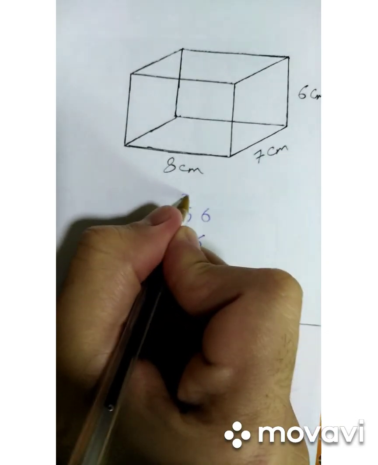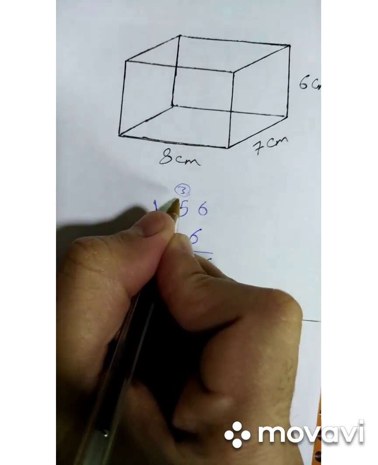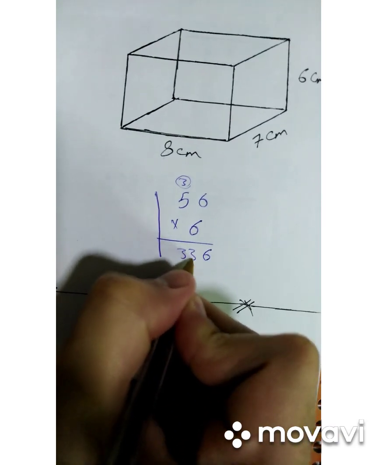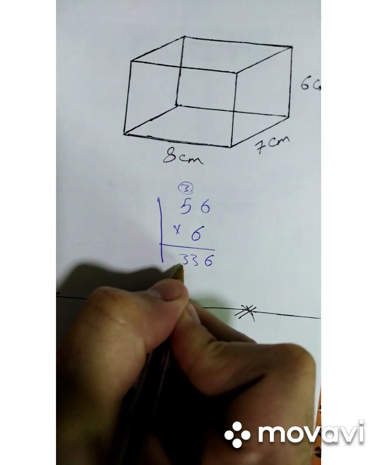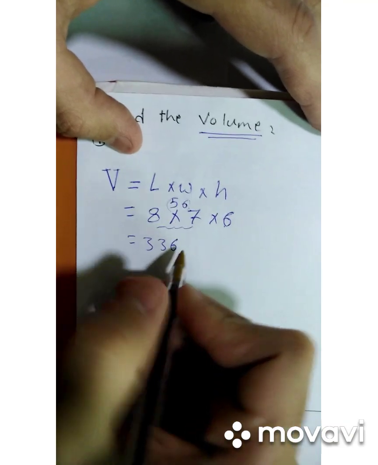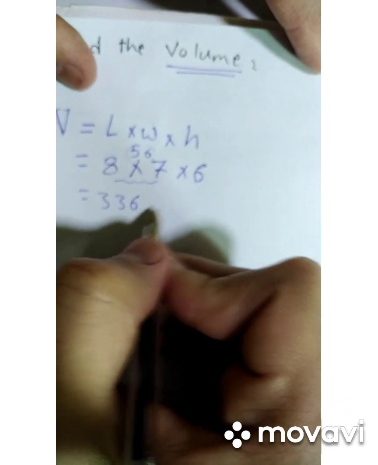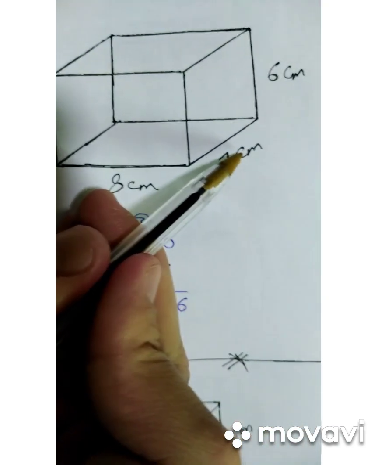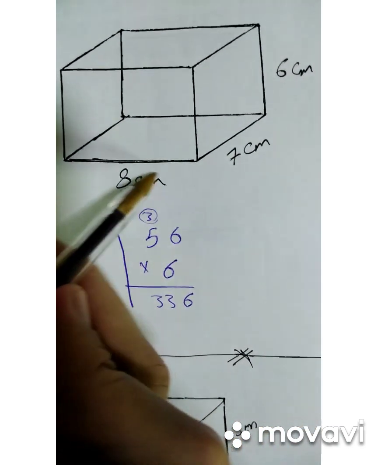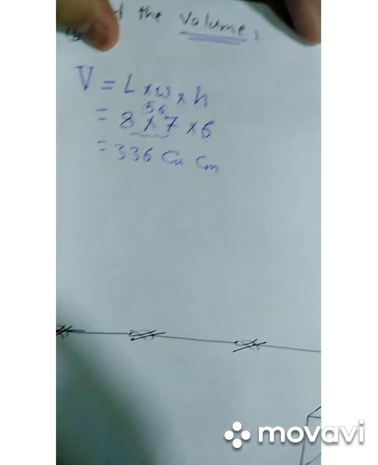Put 6 and carry 3. 6 times 5 equals 30 plus 3 equals 33. So our volume equals 336. 336 what? Centimeters? No, it's a volume. We write it in cubic units. So it will be cubic centimeters.